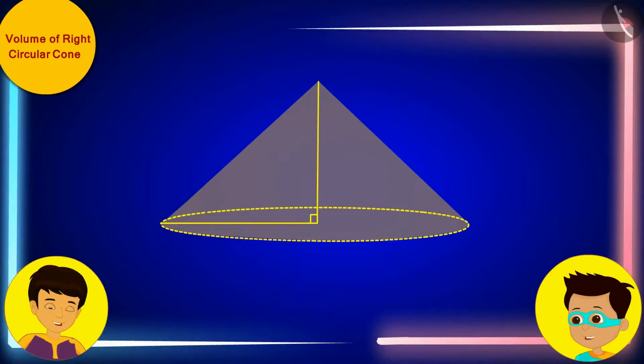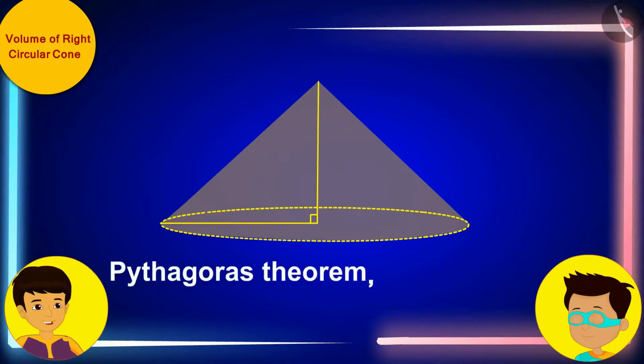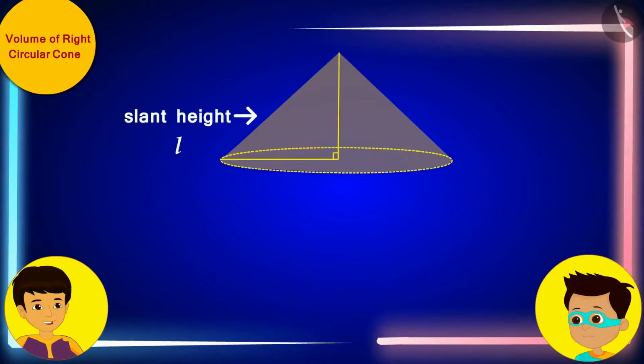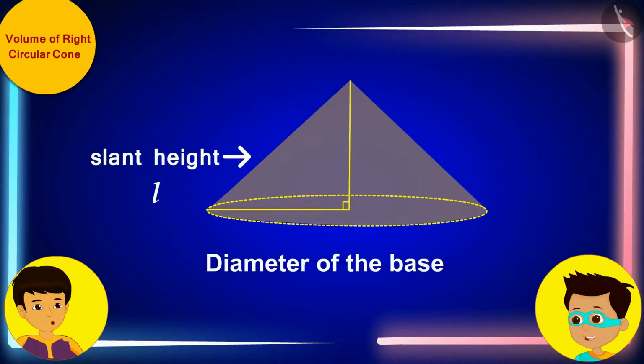Don't you remember, Manas, that according to the Pythagoras theorem, the square of the slant height L of any right circular cone is equal to the sum of the squares of the radius of its base R and the height H. Oh yes, and we can measure the diameter of the base of this conical sand pile and also the slant height.